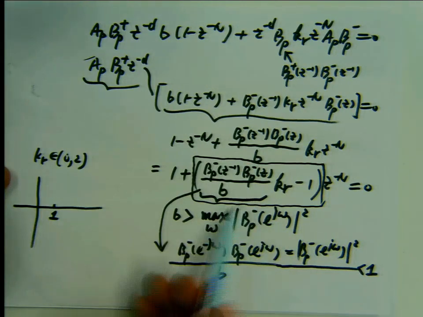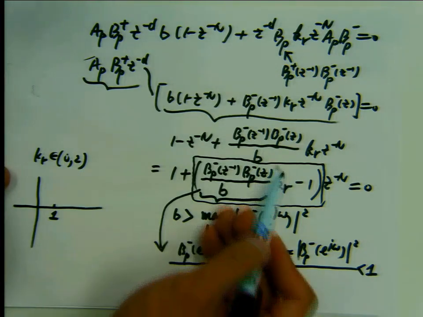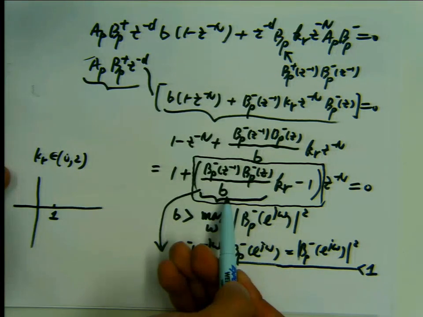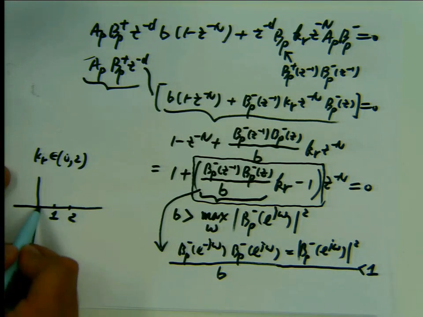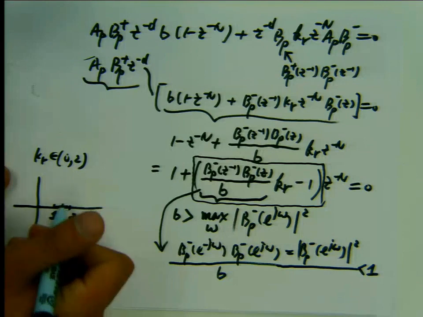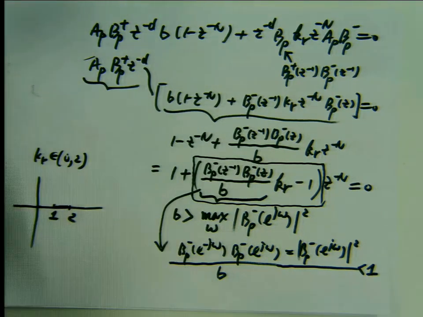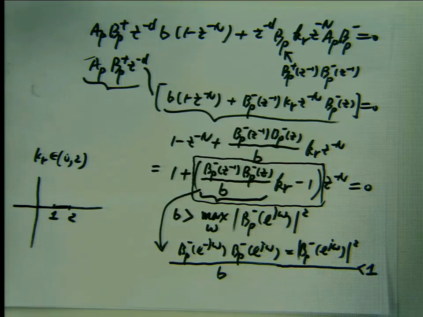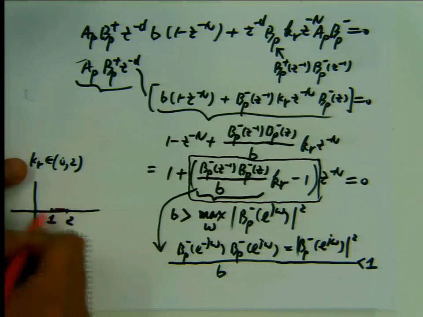If KR is between 0 and 2, and this is less than 1, then this whole thing is going to be between 0 and 2. So the range is going to be in this range. I hope I have a red pen. Thank you. So the range is going to be like this.